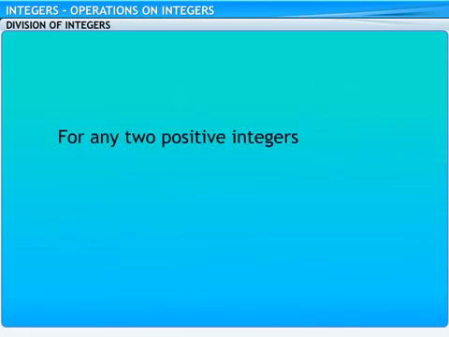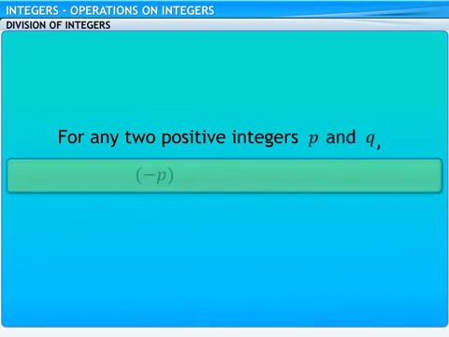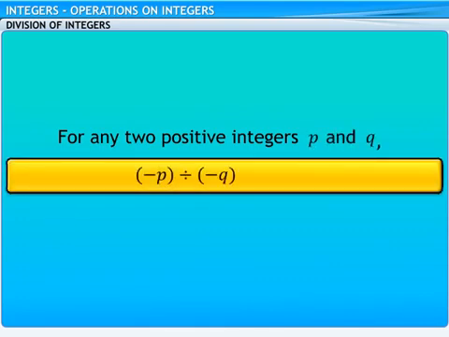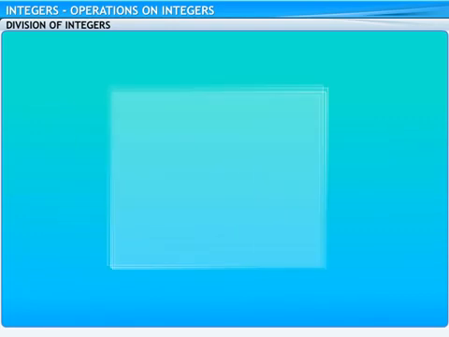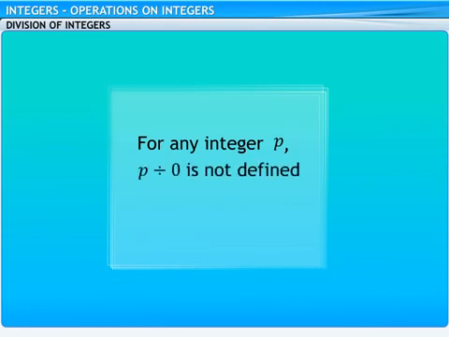So in general, for any two positive integers, p and q, minus p divided by minus q is equal to p divided by q, where q is not equal to 0. Also remember that for any integer, p divided by 0 is not defined, and 0 divided by p is equal to 0, where p is not equal to 0.